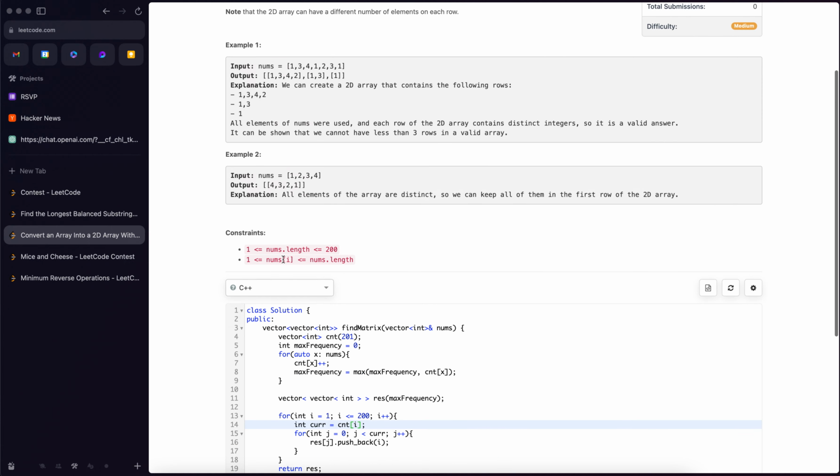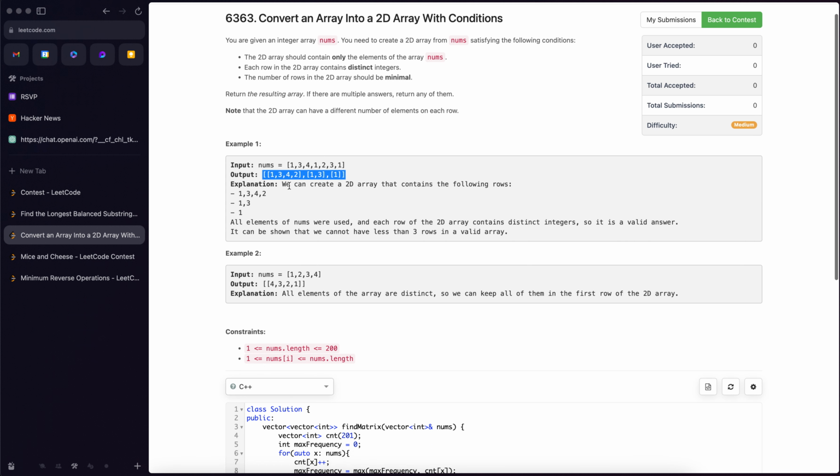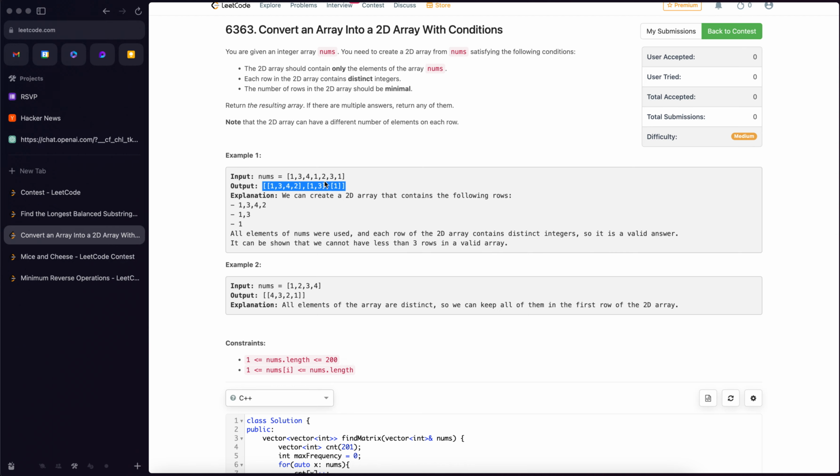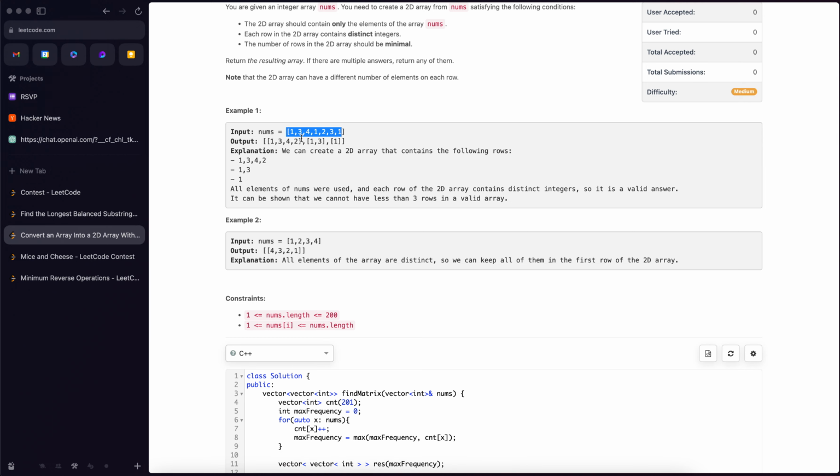Let's go to the second problem. In the second problem we are given some numbers, and we had to print a 2D array. Now what were the conditions? The first condition was that all the numbers were within a range: let's say the length was from 1 to 200, and if the length of nums was x, then all the elements of this array would be from 1 to x.